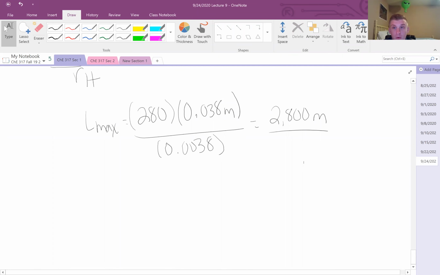However, when I'm looking at my system, my Reynolds number will only change due to the viscosity. Because when we're looking at Reynolds, we see it's GD over mu. G is going to be constant, D is going to be constant. So the only thing I have to consider is my change in viscosity.